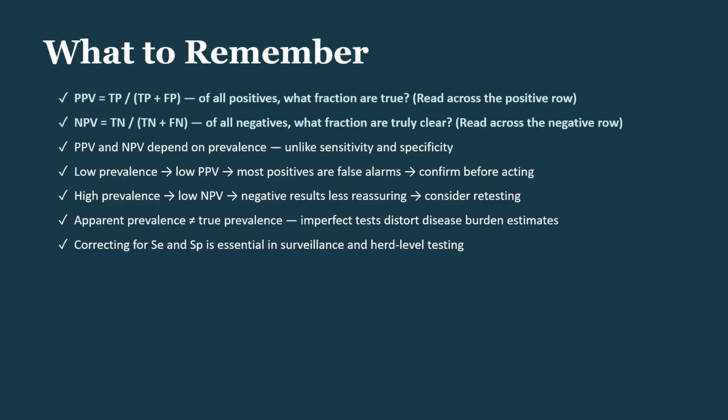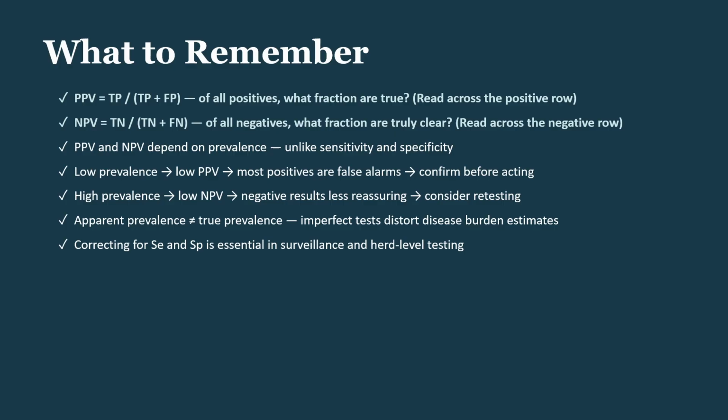Here's the summary. PPV is calculated across the positive row and tells you what fraction of positives are true. NPV is calculated across the negative row and tells you what fraction of negatives are truly clear. Both depend on prevalence, which is the key difference from sensitivity and specificity.